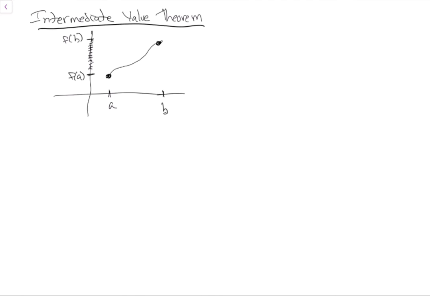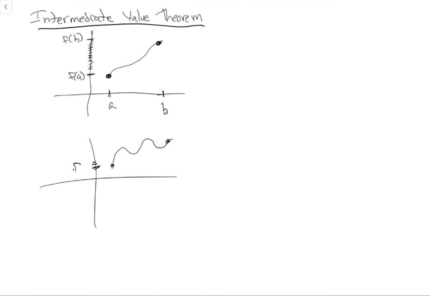So again, visually, the idea is that for a continuous function, the function will take on every intermediate value between those two endpoints.